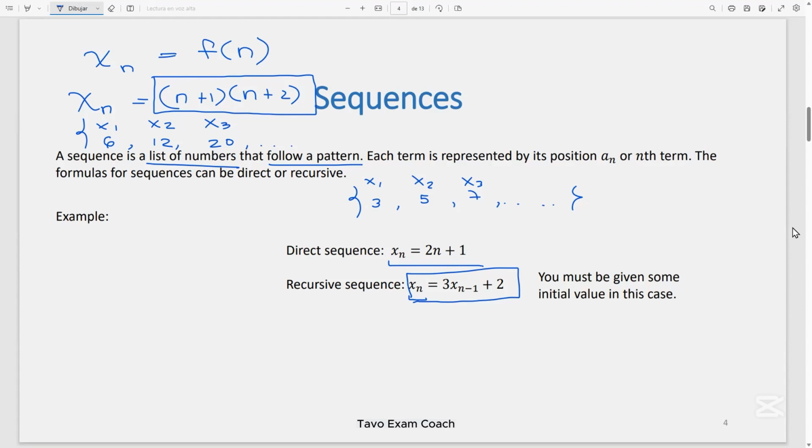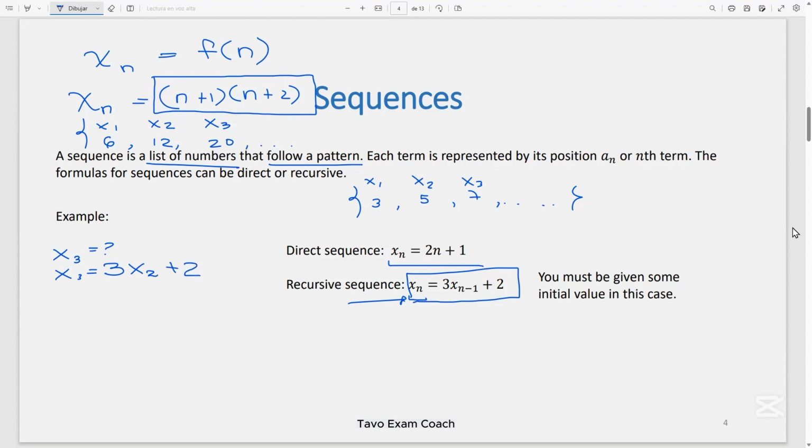So let's say that using this definition, we wanted to calculate the value of the third term. Well, if we use the definition, we would say that the third term has to be 3 times x sub 3 minus 1, that is x sub 2, or the second term, plus 2.